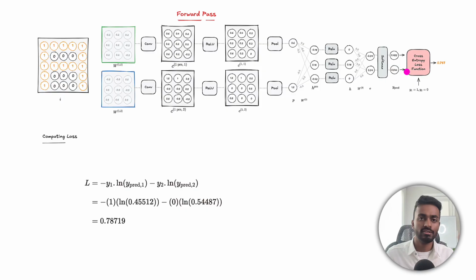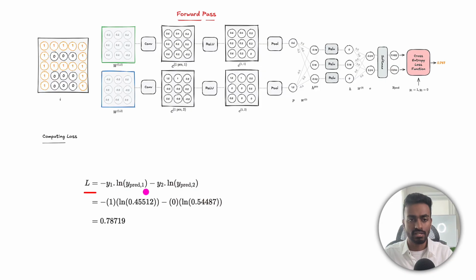Next, we're actually going to compute a cross entropy loss, right? And the cross entropy loss formulation is going to look like this. So let's assume that y1, the input here, is going to be A, and A, let's say, belongs to class number 1. So that means y1, the label for it, is 1, and y2, the label, is going to be 0.